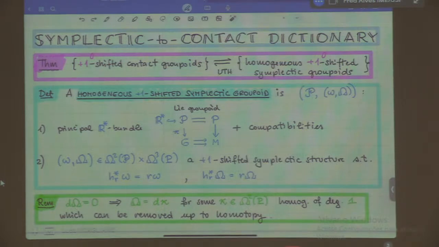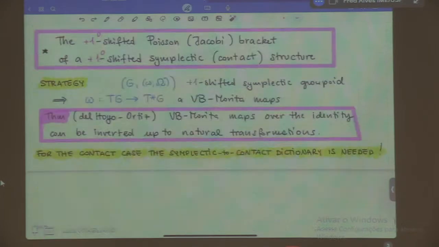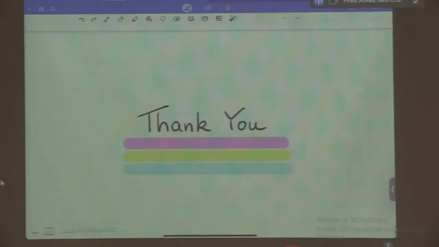And of course, in order to better explain this, I have to explain what I mean by homogeneous +1 shifted symplectic groupoid. But it's easy, it's just a groupoid with the +1 shifted symplectic structure with an additional structure of principal R star bundle over the base, plus all sorts of compatibilities. And I think that my time is over, so I can stop here. Thank you very much.